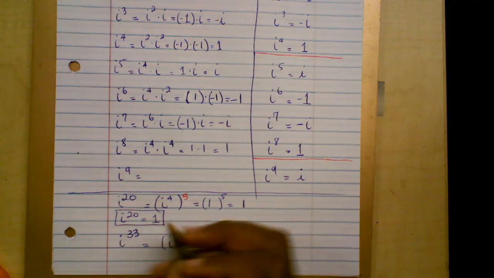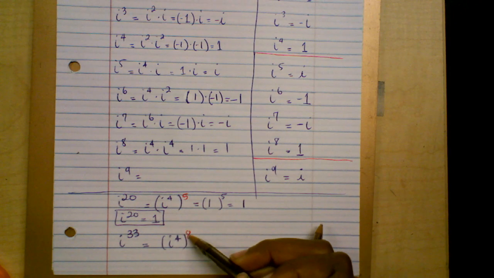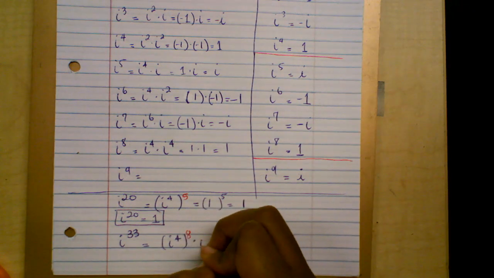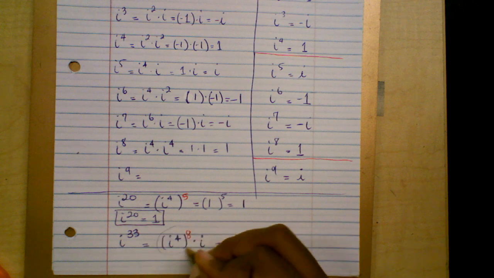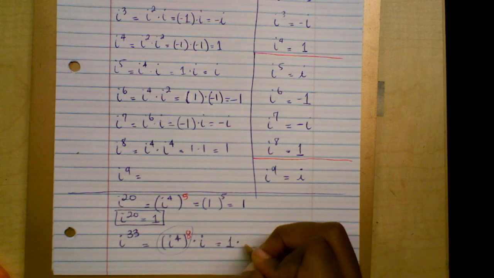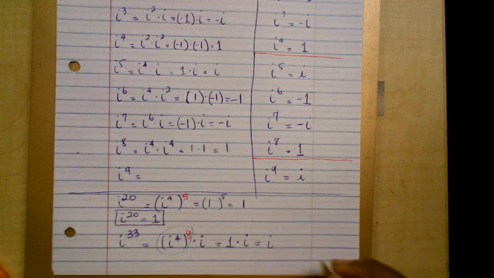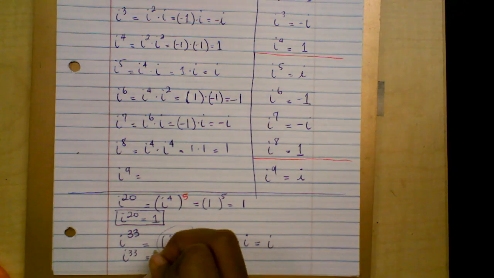I can use 8 here because 4 times 8 is 32. So I'm missing 1, so times i. The i to the 4th power simplifies to 1, so I have 1 times i, which is equivalent to i. So i to the 33rd power is equal to i. That's it.